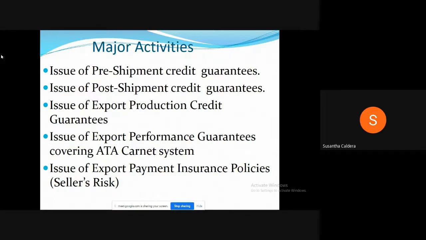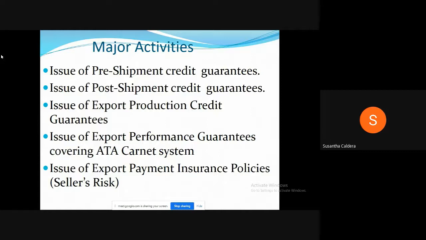Right? So the major activities are issue of pre-shipment credit guarantees, issue of post-shipment credit guarantees, and issue of export production credit guarantees, issue of export performance guarantees covering the ATA Carnet system.